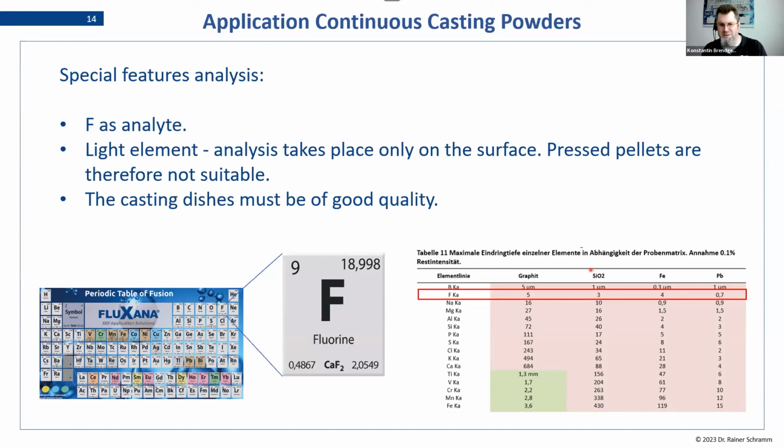So if we know a sample is coming in and somebody wants us to quantify the fluorine, we use the special dishes. I think we have 2 of them, and usually we do a cleaning run, and then afterwards we use the special dish, because we know that the shape is very important here because of what I said earlier. The analysis really only happens in the first few layers of atoms, basically. So that is something to keep in mind.